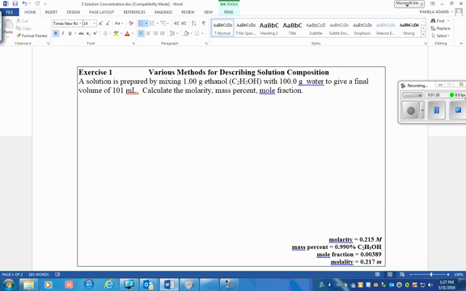Well, the first thing I am going to do in this problem is find the number of moles of the ethanol, C2H5OH, equal to 1 gram, and I will multiply that by its molar mass. 1 mole of ethanol has a molar mass of 46 grams, so 1 gram of ethanol has 0.0217 moles.